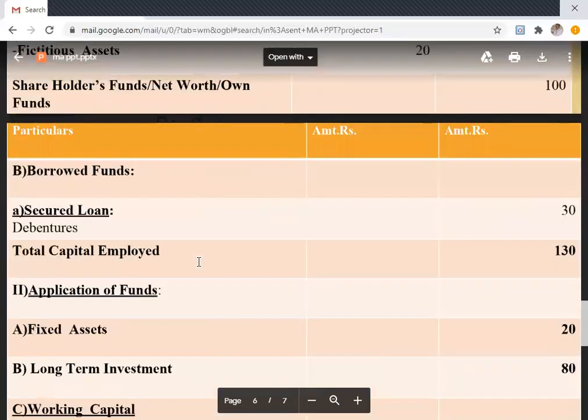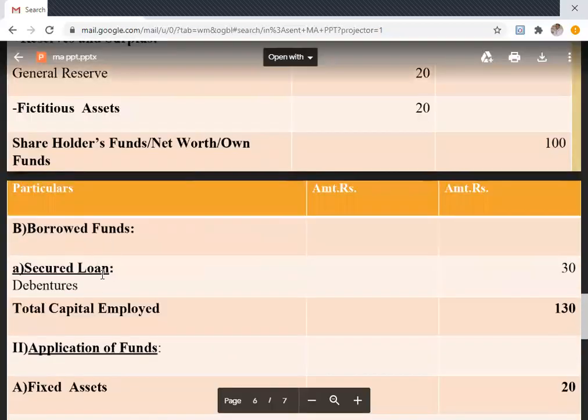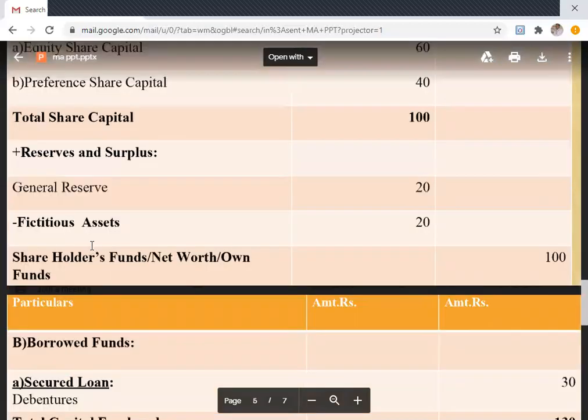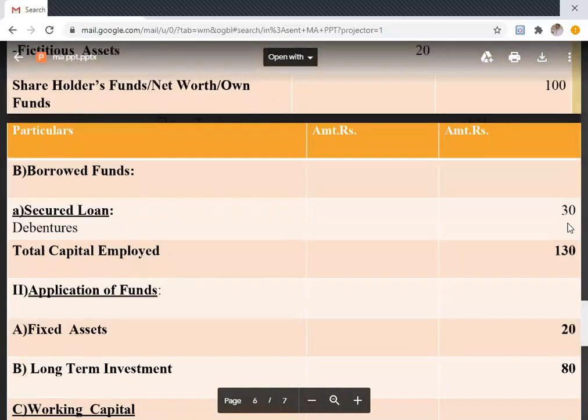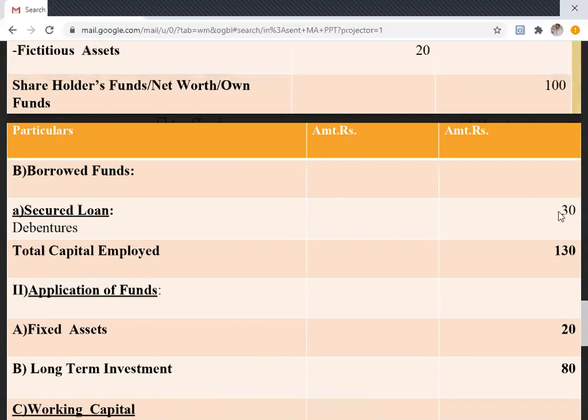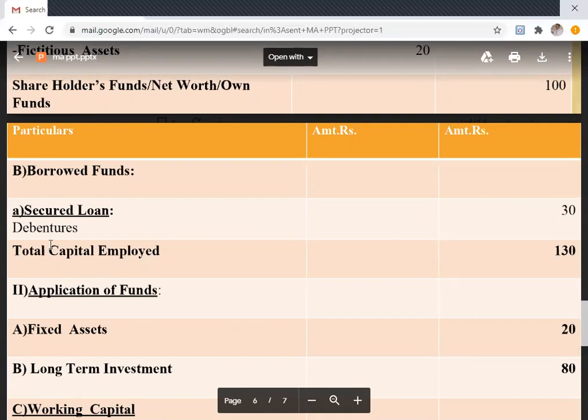Now the second part of sources of funds is borrowed funds. Borrowed funds are made up of two parts: secured loan and unsecured loan. The secured loan in this balance sheet is debentures. So I will write debentures below secured loan. Only one item is there, so I will write it in the outer column. If there is more than one item, I will write them in the inner column and finally take the total in the outer column.